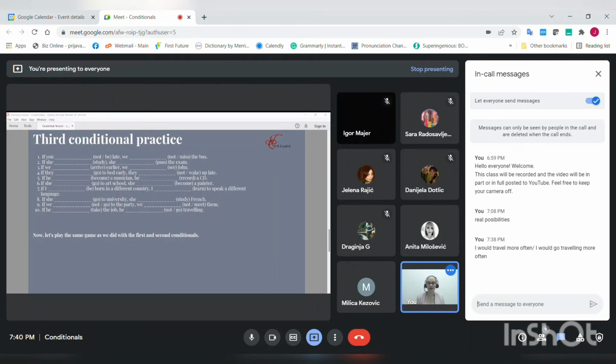Draginja? If she studied, she would have passed the exam. Almost perfect, but in the first clause, you need the past perfect. If she had studied. One more time.